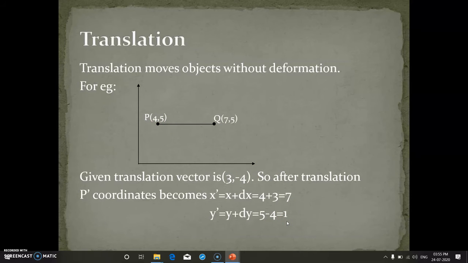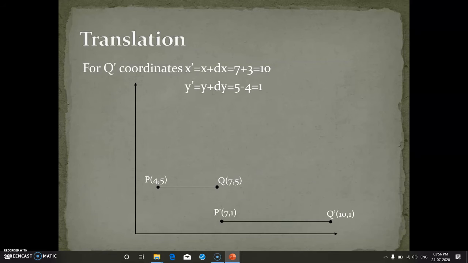So we get 7, 1 for P dash and for Q dash the coordinate is 10, 1. This is how we have translated PQ to P dash Q dash. So this is how translation works.